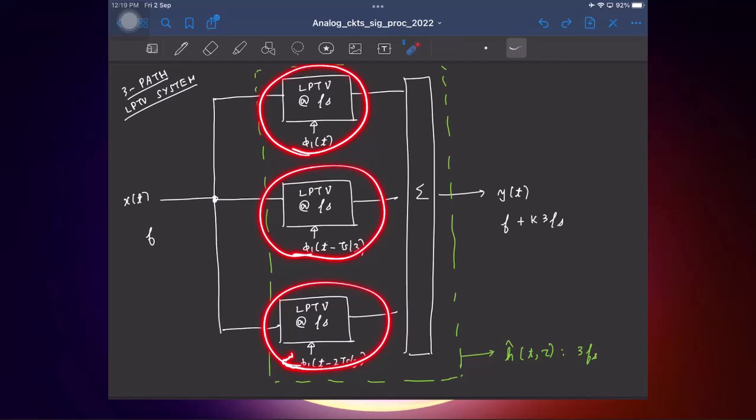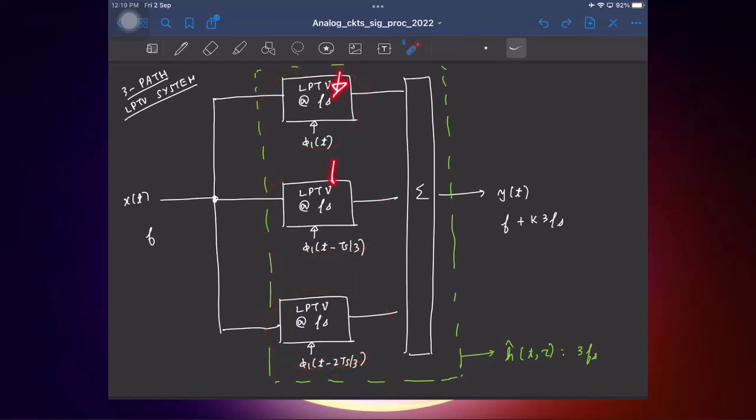If you observe each individual node voltage in each of these systems without applying an input, you will find that these voltages are still periodic at fs. By doing this sort of combination, we are mimicking periodicity at 3fs, but the individual voltages in each of these systems will still be periodic at fs only.